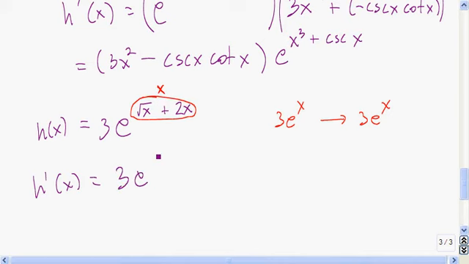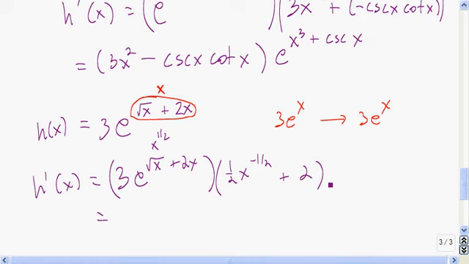But we don't have x, it's root x plus 2x. So we have 3e to the root x plus 2x times the derivative of root x plus 2x. Root x, that's really x to the 1/2. So we have 1/2 x to the negative 1/2 plus the derivative of 2x, so plus 2.